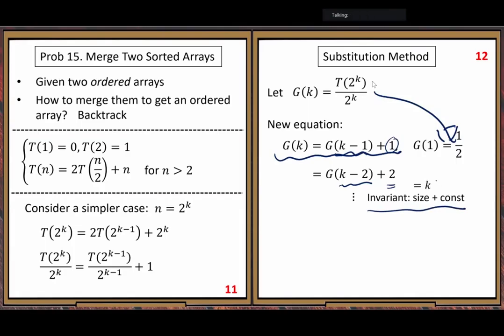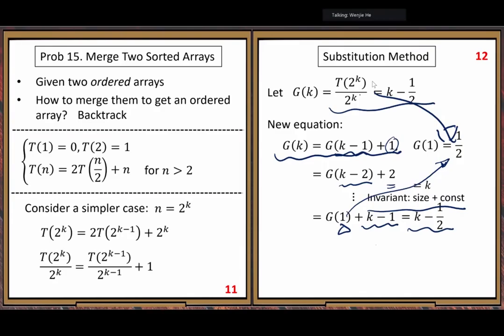All right. So when we get to the bottom, when the parameter becomes 1, then that constant becomes k minus 1. G of 1, we know is 1/2. So we plug in, k minus 1/2. Now we get back to the T function.